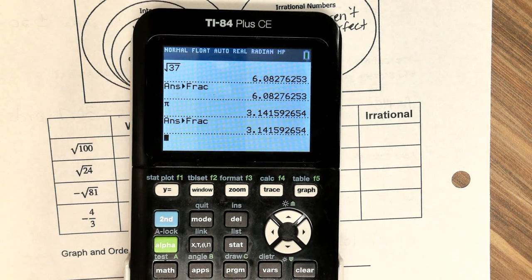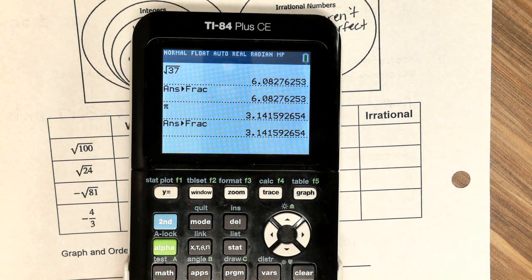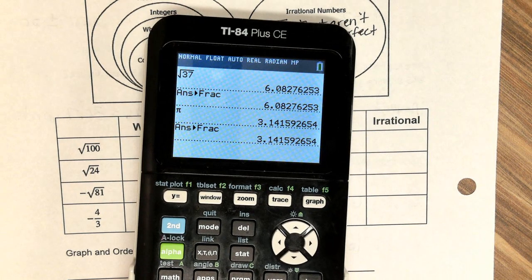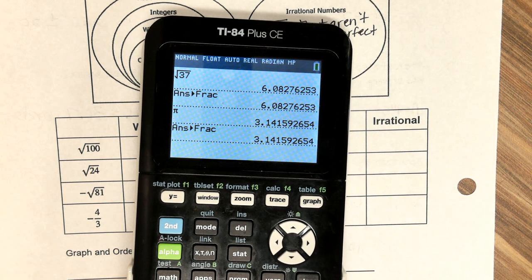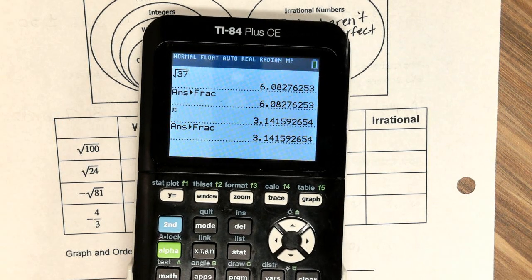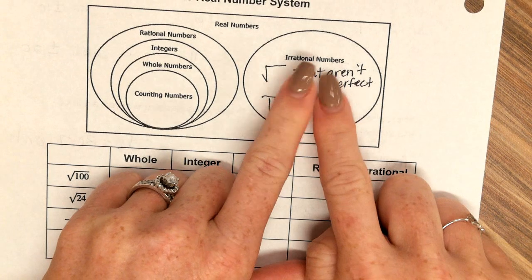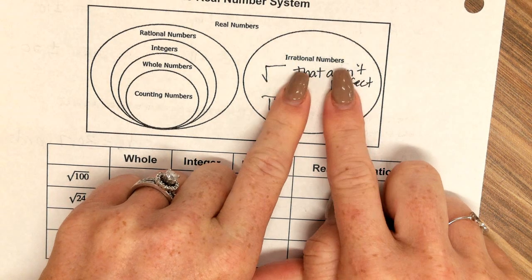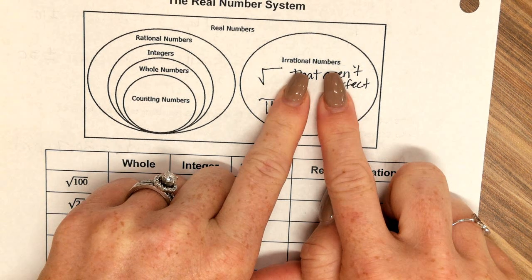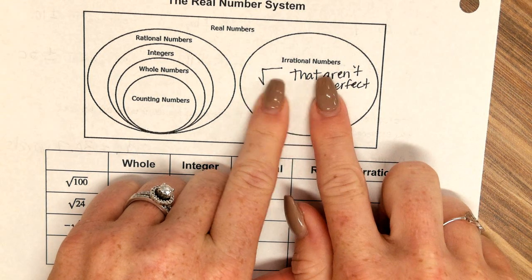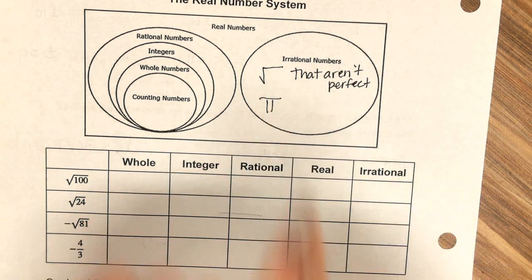Now in 7th grade, you learn that 22/7 is really, really close to pi. Y'all remember that? But it's not exact. Just like you would use 3.14 sometimes. It's not exact. Irrational numbers are numbers that cannot be turned into fractions. Are y'all with me? What are those numbers? Square roots that aren't perfect, and pi.